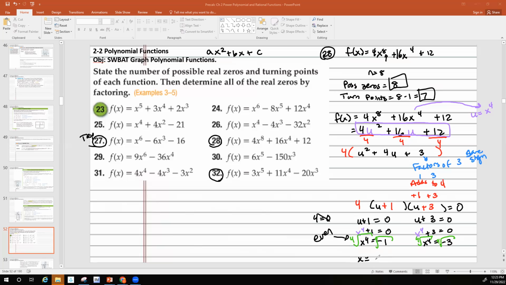So because that's an even number, this does not exist. Does not exist. And same with this one, because that's an even index, we can't have a negative number inside of that, so it does not exist. So there are no real solutions. No real zeros.